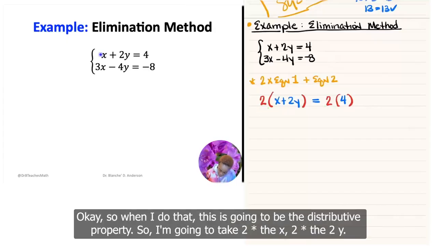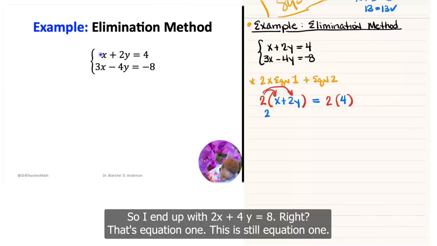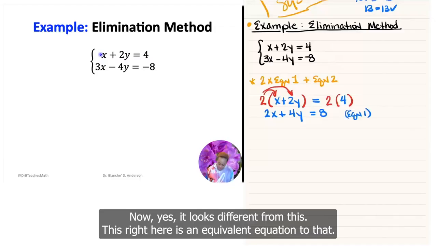Okay, so when I do that, this is going to be the distributive property. So I'm going to take 2 times the x, 2 times the 2y. So I end up with 2x plus 4y equals 8, right? This is still equation 1. Now, yes, it looks different from this.